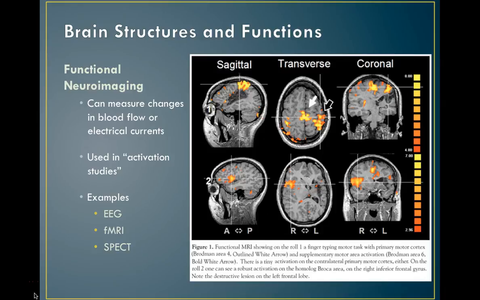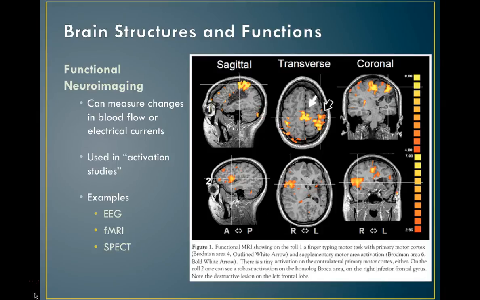So how do we take a look at the brain structures to see if they're functioning in the way we need them to? Well, we use neuroimaging, and one of the first kinds of neuroimaging we can do is called functional neuroimaging. This is where we're looking at changes in blood flow or electrical currents.